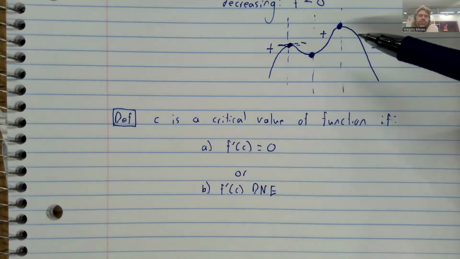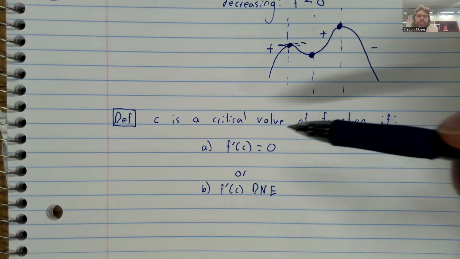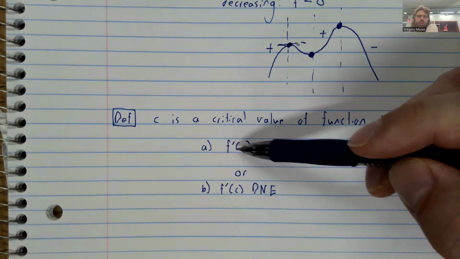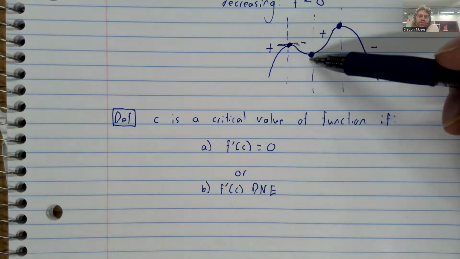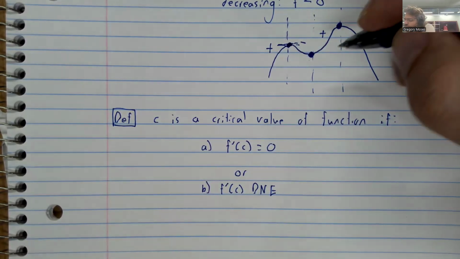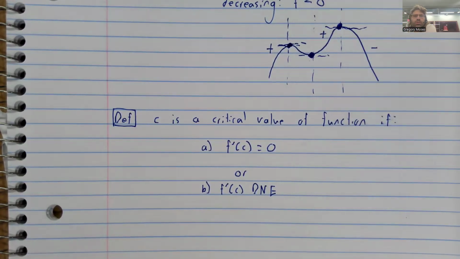So in the picture I just showed you with the three relative extrema, all of those occur because of case A. At each of these three points, the tangent line is horizontal and the derivative is 0.